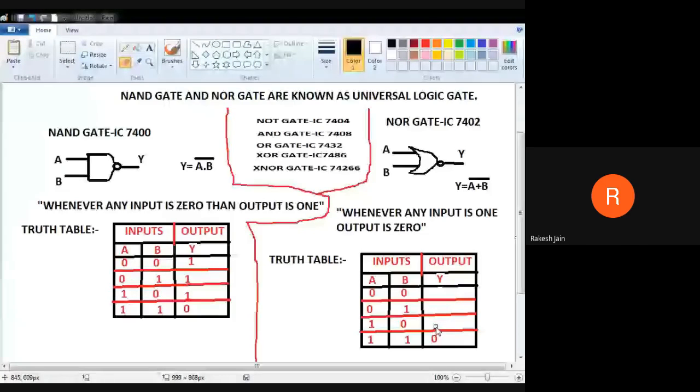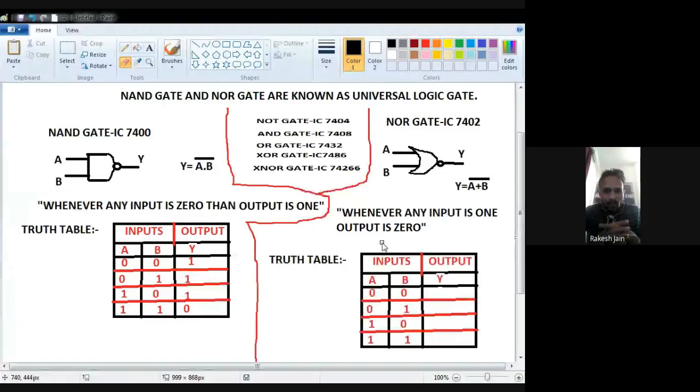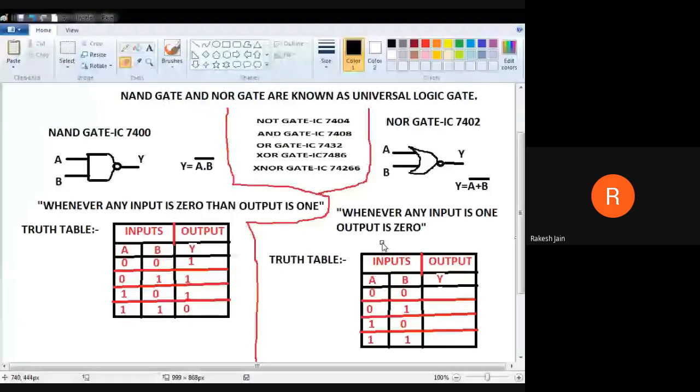Okay. Now I am showing you the truth table. First of all I just copy paste and then remove some data. Let's suppose I am going to draw the truth table. Because there are 2 inputs, all the combinations are 0 0, 0 1, 1 0 and 1 1.